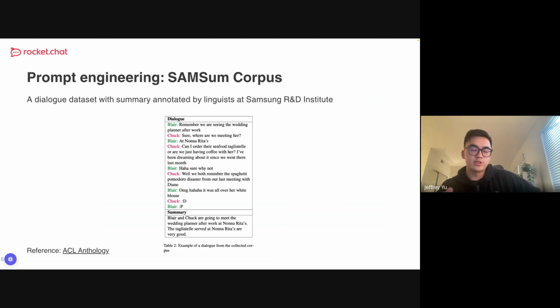During my research, I found the Samsung corpus, a dialogue dataset with summaries annotated by linguists. It was developed by Samsung R&D Institute and used across their research. The dataset contains more than 16,000 conversations that happened in messaging apps, and it includes a variety of texting styles like emojis, slang words, and even typos.